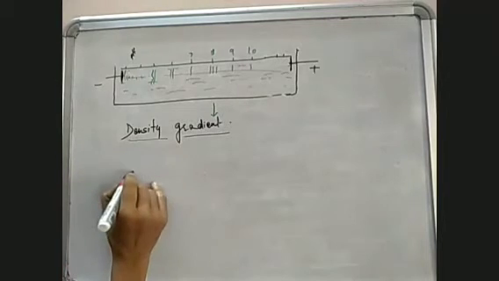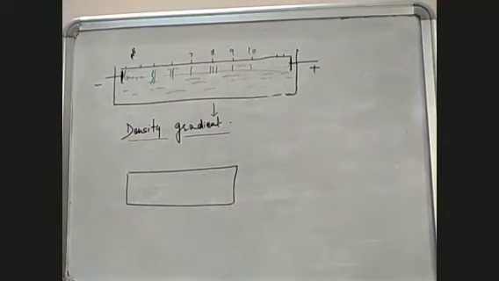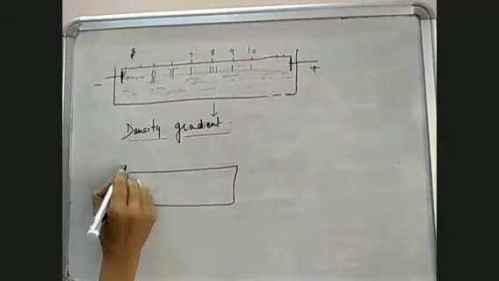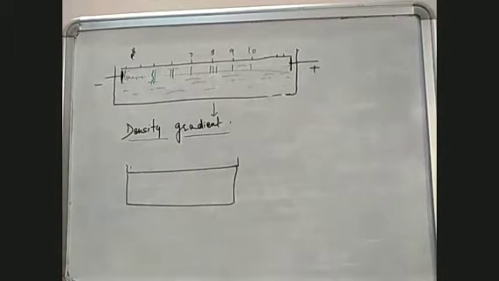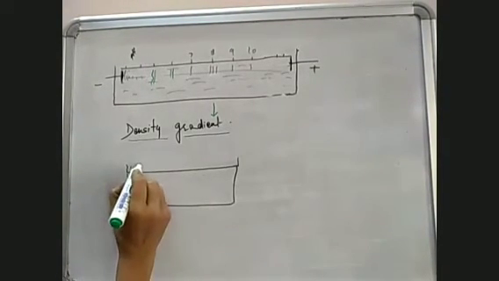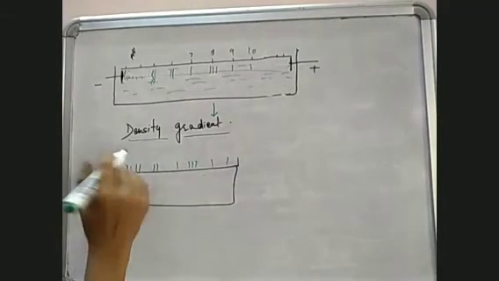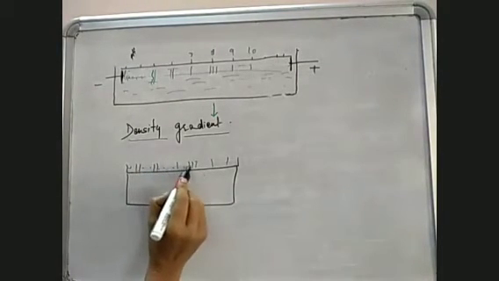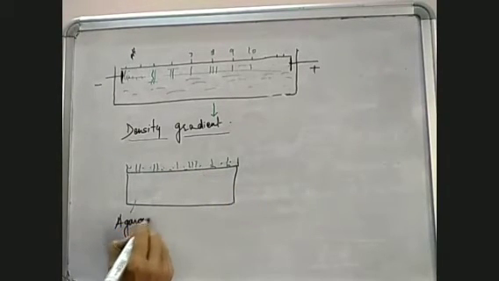Now here what happens again? The plate is taken on a buffer solution. So this plate is taken here and buffer is added to it. And this is agarose gel. So when the buffer starts moving, what happens?